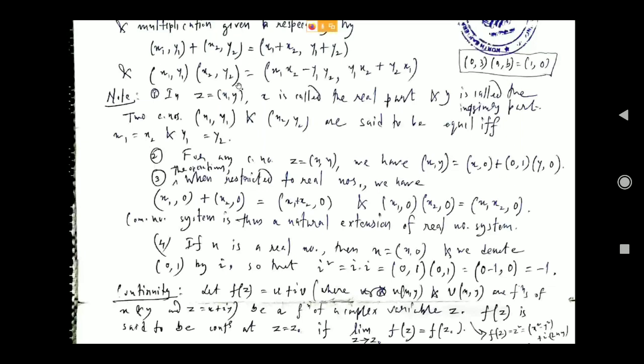(x, y). Now these operations, when restricted to real numbers, give us these two equations. The complex number system is therefore a natural extension of the real number system.